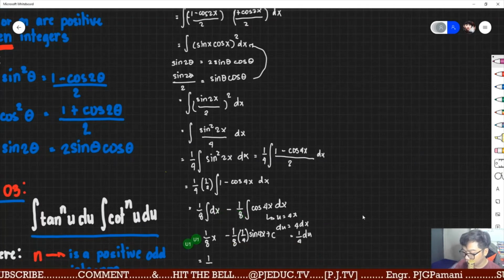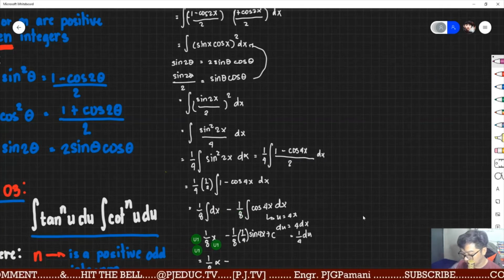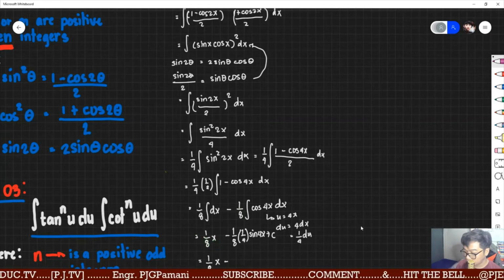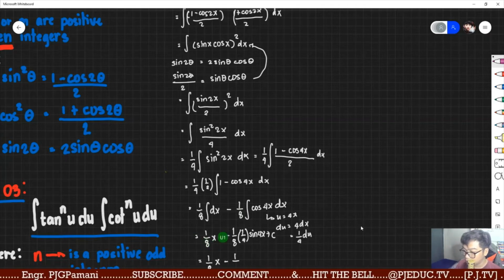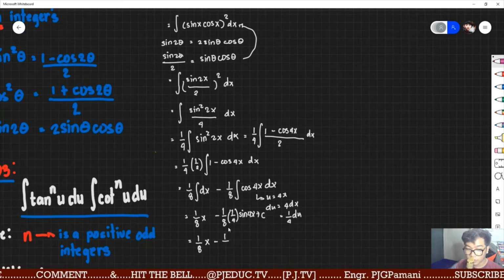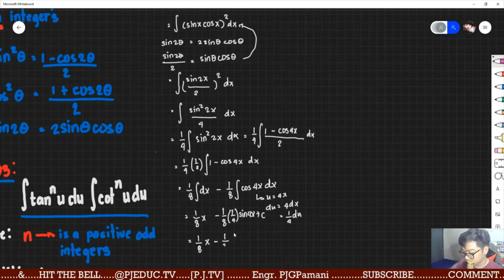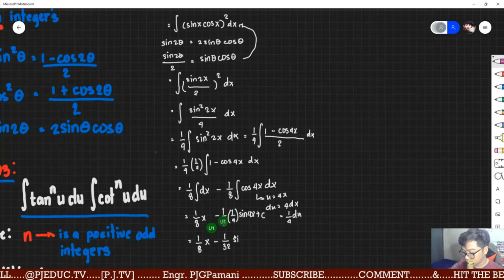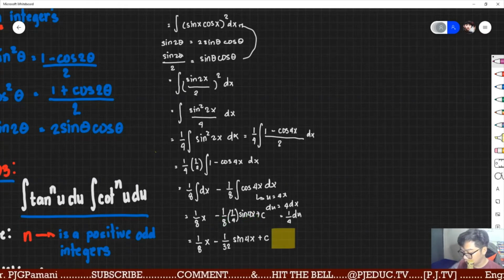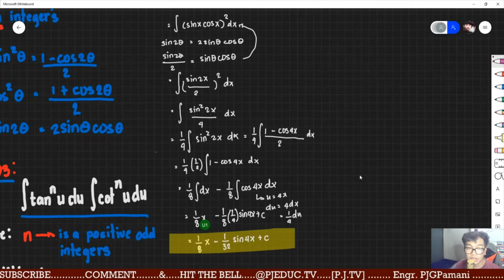Simplify further, that is now 1/8 x minus 1/8 times 1/4 is 1 over 32 of sine 4x plus c. So, yan na yung ating final answer.